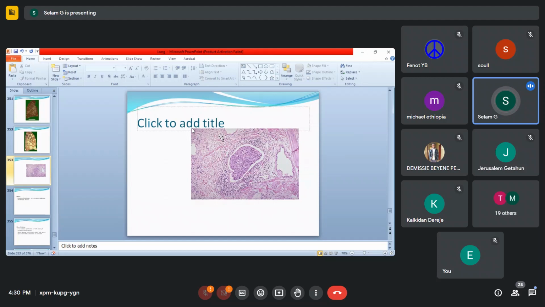So microscopically, the malignancy resembles the primary origin. If the malignancy comes from the GIT, which was an adenocarcinoma, in the lung, when it's metastasized, it will keep on being an adenocarcinoma. Here it's a very nice picture.